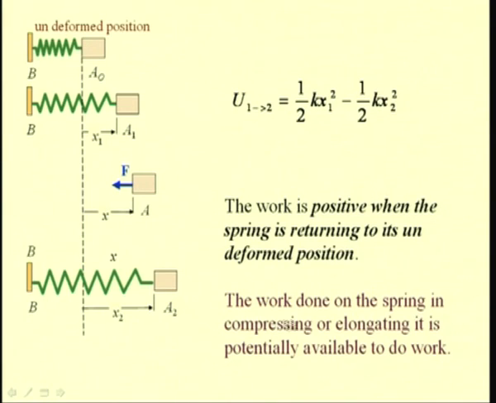Again we say that for the spring in compression or elongation, whatever work is done is potentially available to do work. We have seen that for these two kinds of forces, the elastic force and the gravitational force, there is an associated energy that is potentially available to do work for any given position.